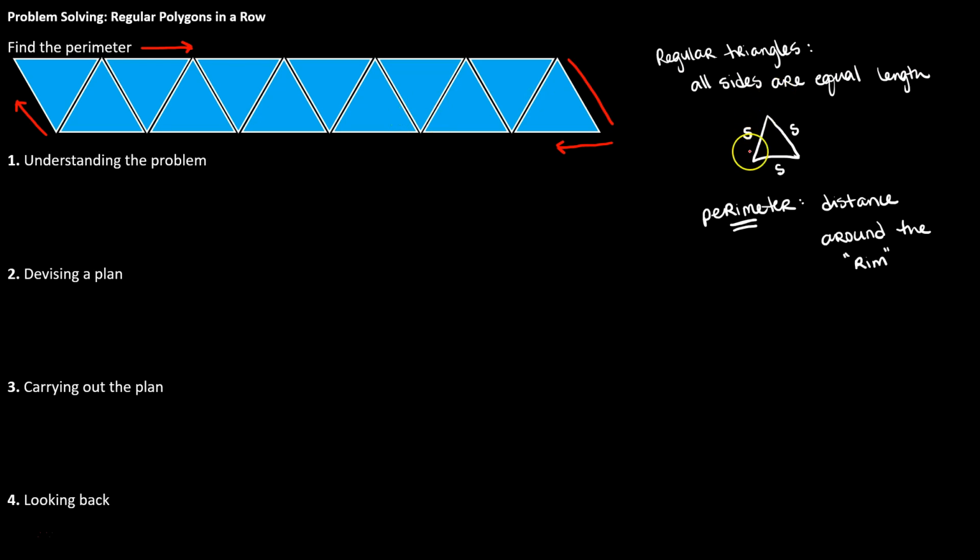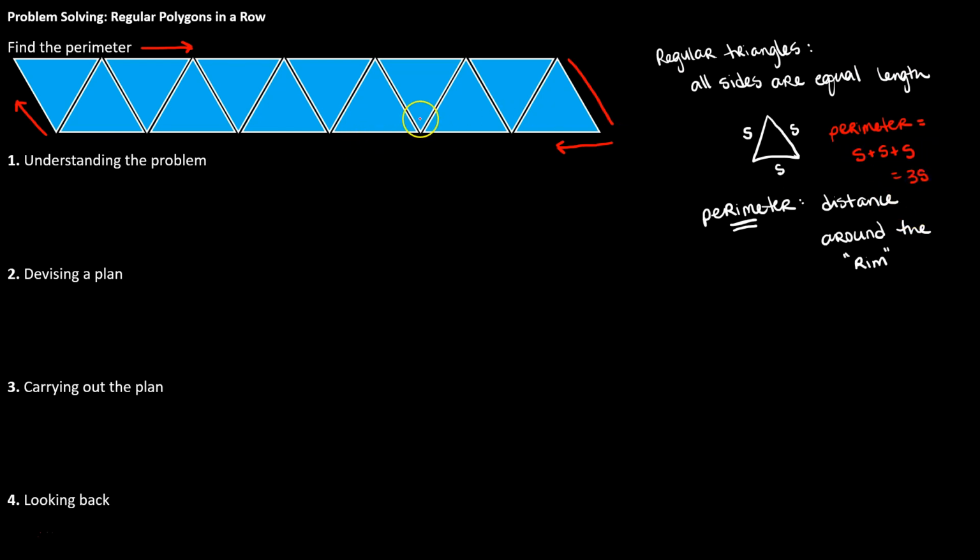If we just had one triangle, the perimeter would be S plus S plus S, or 3S.